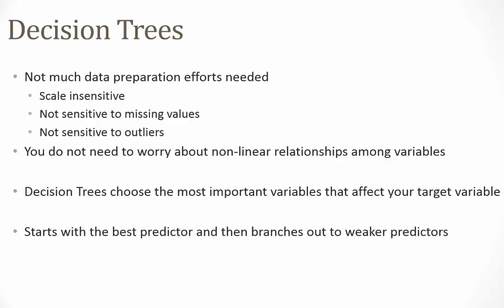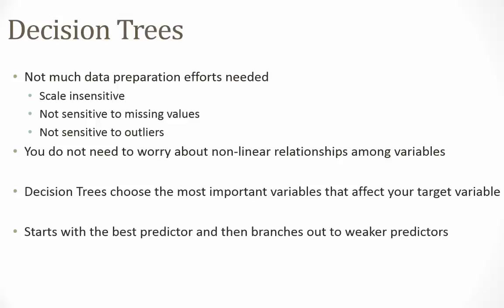Also, they are not sensitive to missing values. The algorithm does not care about missing values. You can go ahead and have many missing values as long as they are not going to risk your data integrity. You can have some missing values. You don't have to worry about them. Also, the decision trees algorithm is not sensitive to outliers, generally because it does not work with any sort of average as opposed to regression.